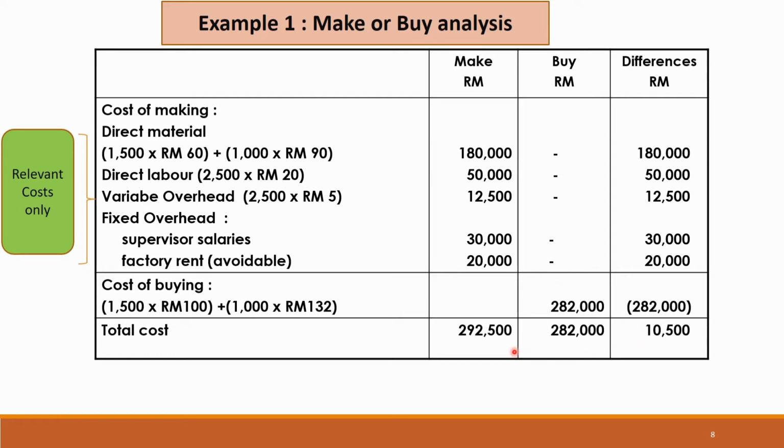So we have to choose the lowest cost. The lowest cost is 282,000. So the company should buy the component because it will reduce the cost by the amount of 10,500.